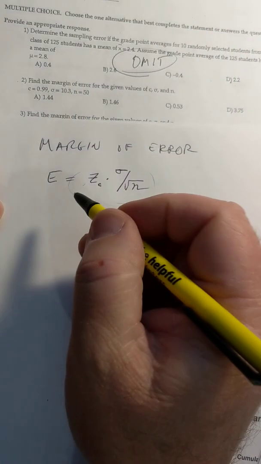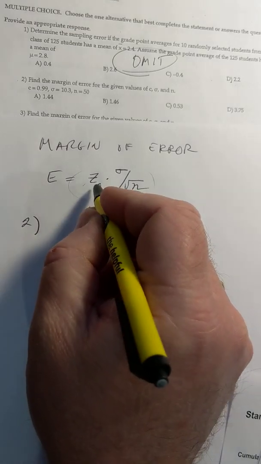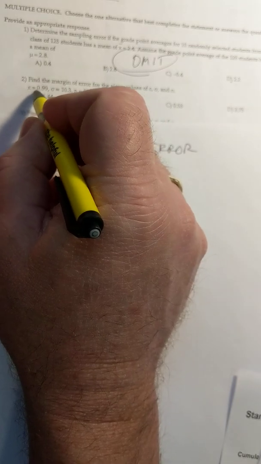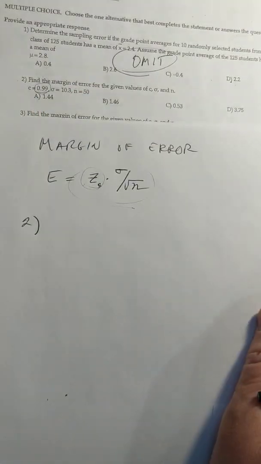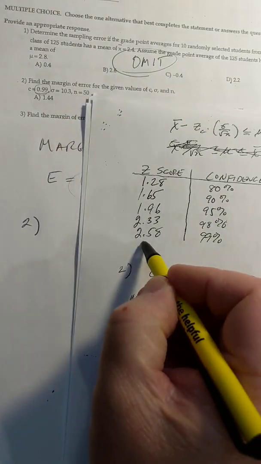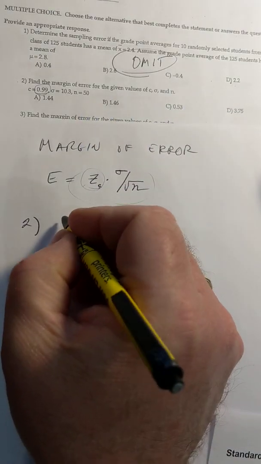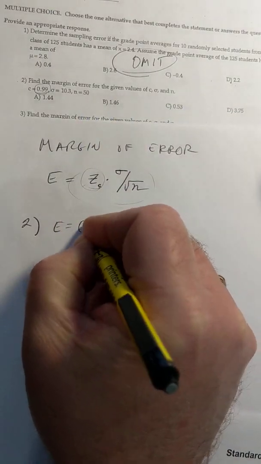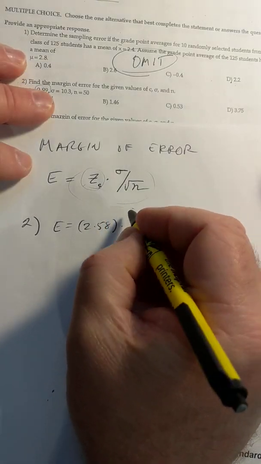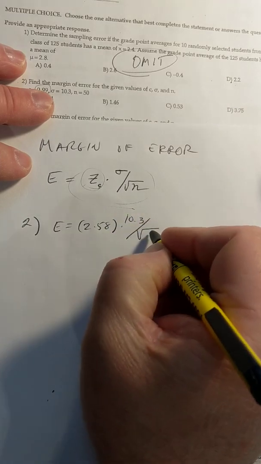You can reference that. So anyway, for number 2, the error is the z associated with the confidence interval. Well, the problem says they want the 99% confidence interval. So we look at that and we see it's 2.58 that we calculated in the last video. So the error equals 2.58 times the standard deviation, 10.3, divided by the square root of 50.